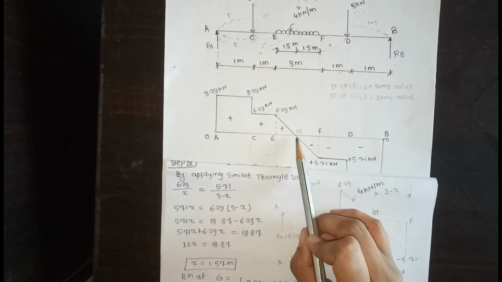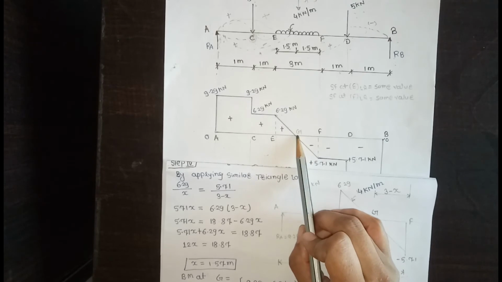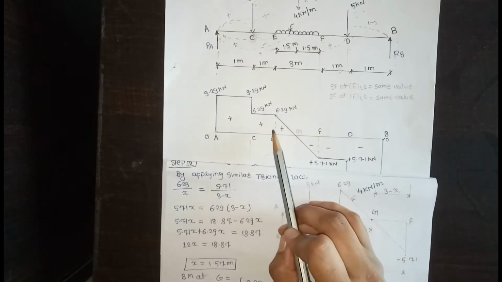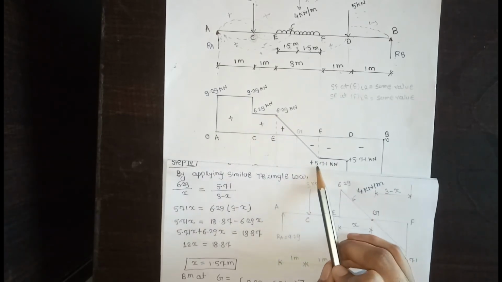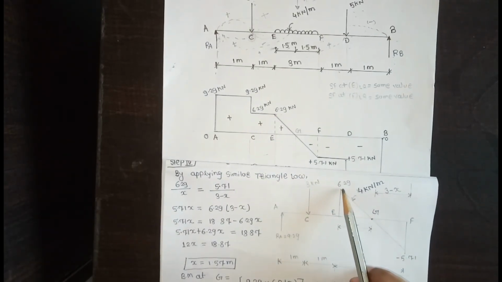Then we have to calculate the bending moment at point G. So, similar triangle law, 6.29, 5.71. This figure shows the 6.29 upper value and 5.71 lower value.